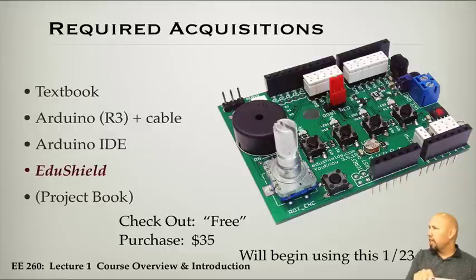It's got a temperature sensor, an infrared transmitter and receiver, and a buzzer. This is like a rotary encoder. It's got a connection for a servo. So this gives you a number of capabilities, inputs and outputs that can be used for testing things. So it's helpful.